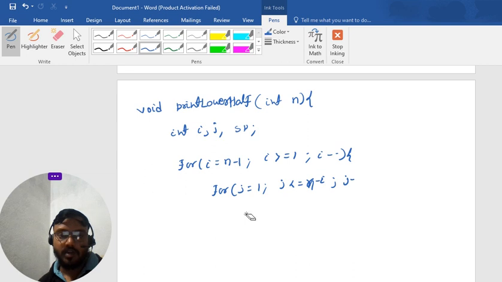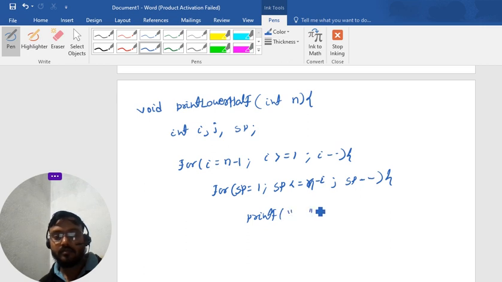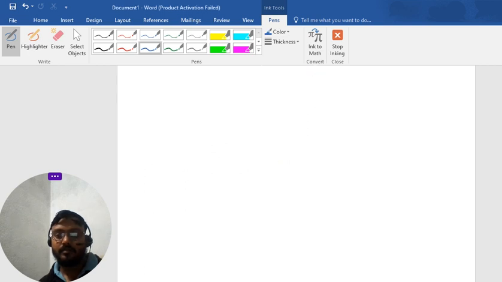So I have SP, right? First I need to print the SP, then you can go for the star. SP, then SP minus minus, then printf space, post that.